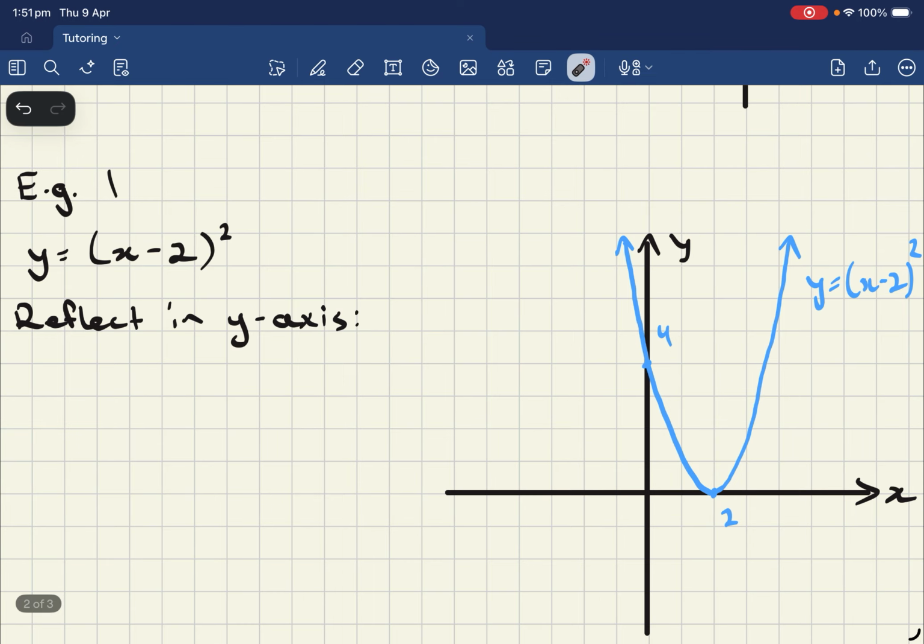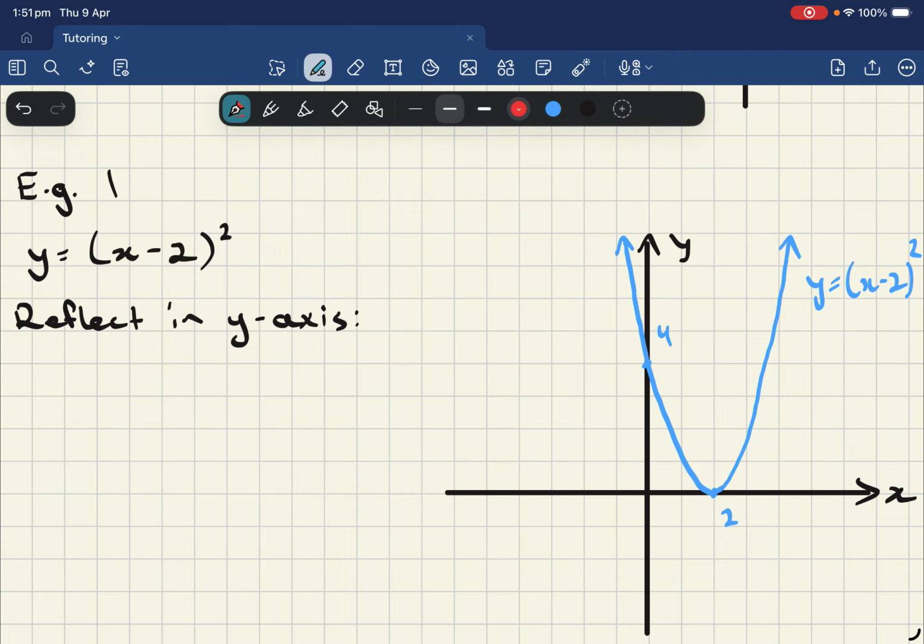Now, we're going to look at another example, which is a parabola. If we wanted to reflect this parabola in the y-axis, all we are going to do is replace the x with negative x. And essentially, we can do this just by eyeballing it.